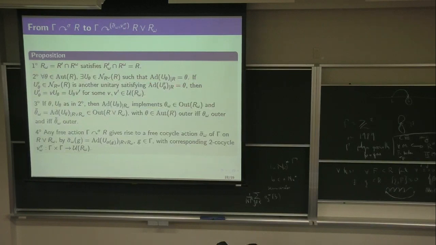This is trivial because, obviously, for n by n matrices, let's think of R as a limit of 2 to the n by 2 to the n matrices. Take any n by n matrices in any factor and take an automorphism. Then that automorphism restricted to that finite dimensional subalgebra is implemented by a unitary.